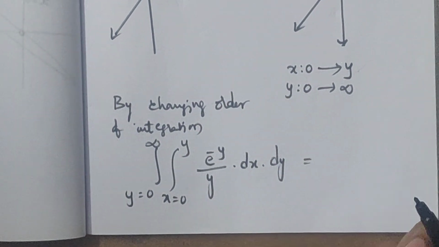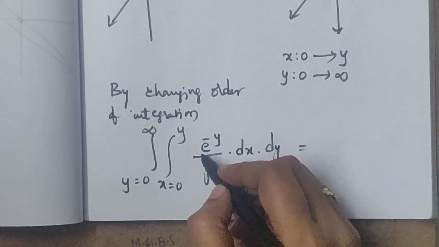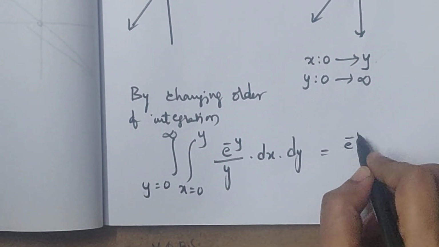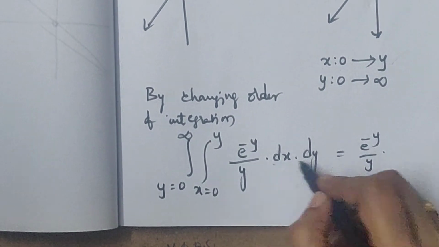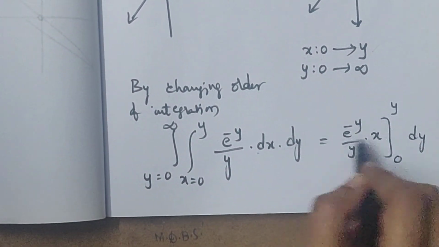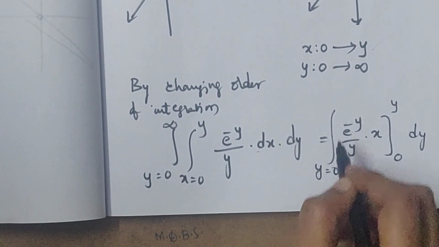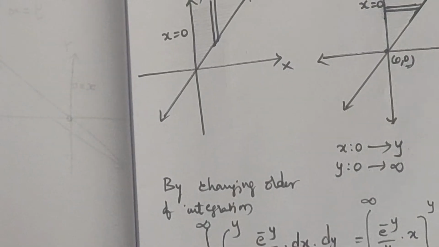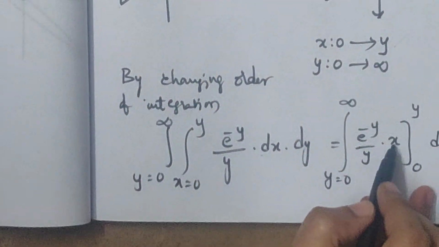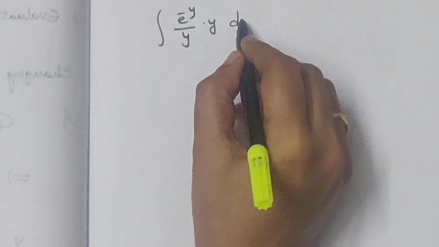Now do the integration with respect to x. While doing so, y is constant, so e power minus y by y is constant. The integral of dx is x, with x limits 0 to y, and dy with y limits from 0 to infinity. So the integral of e power minus y by y times, in place of x, upper limit y minus 0, gives y, dy.